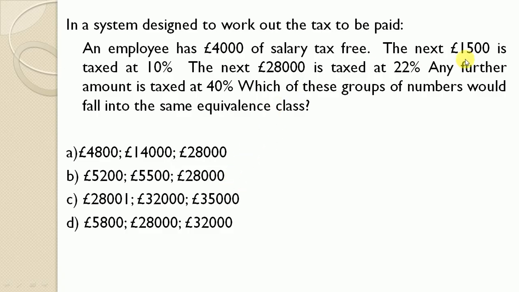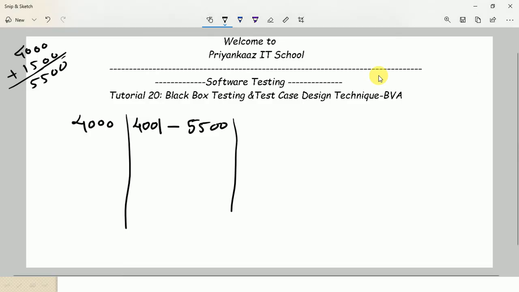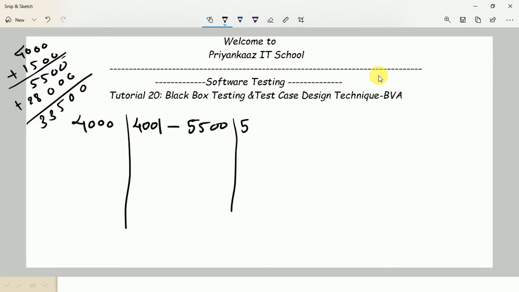Then you need to go for the next range. What is the next range? The next 28,000 is taxed at 22%. Let me add 28,000 to the given data, so this will be 33,500. The next range will be 5,501 to 33,500.